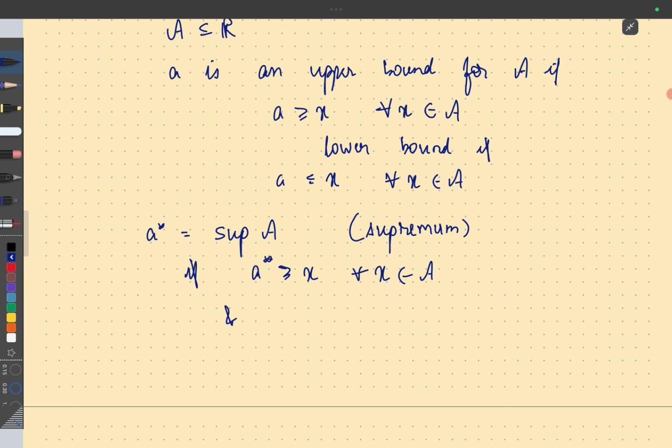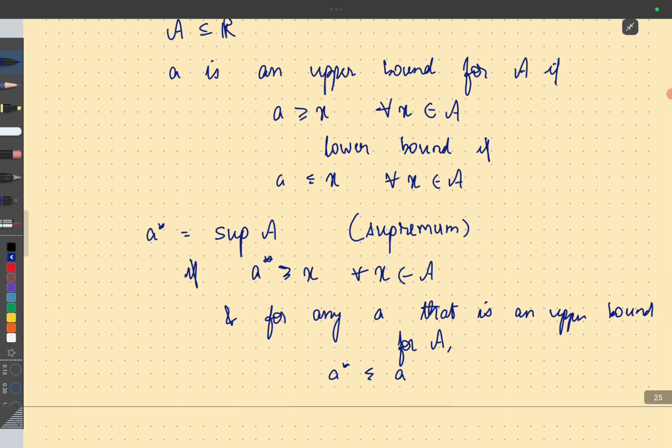That is, for any a that is an upper bound for the set A, I have a star to be less than or equal to a.